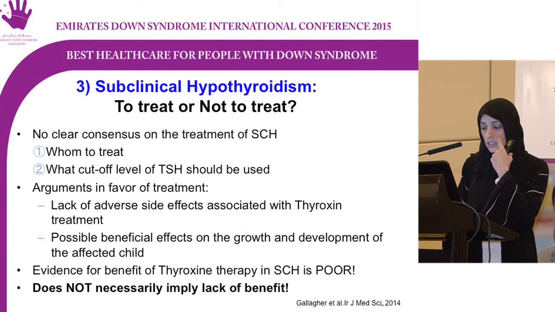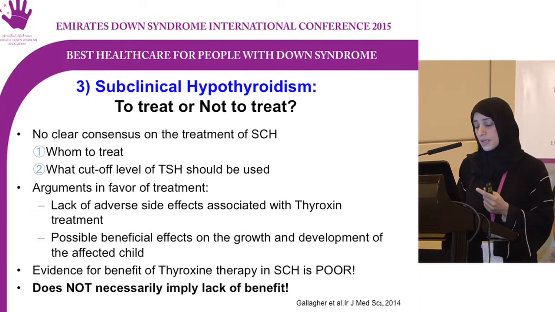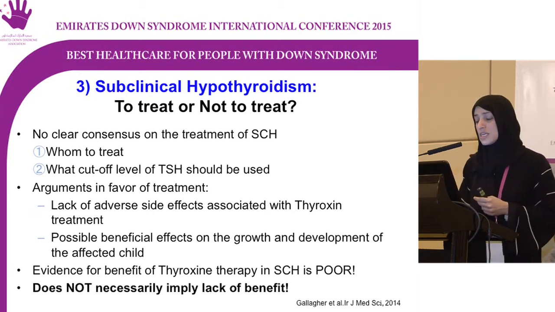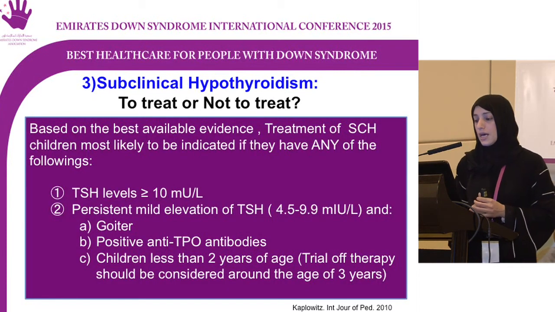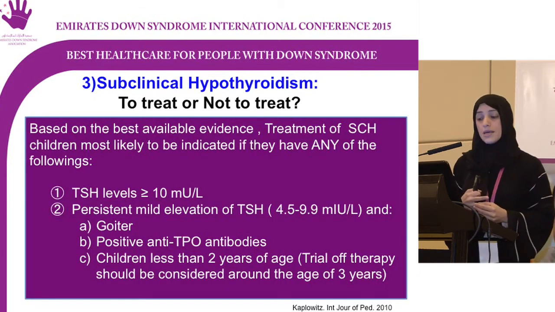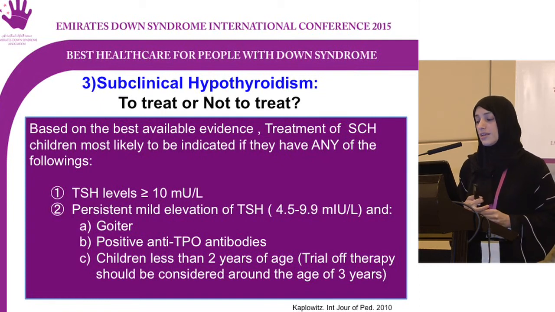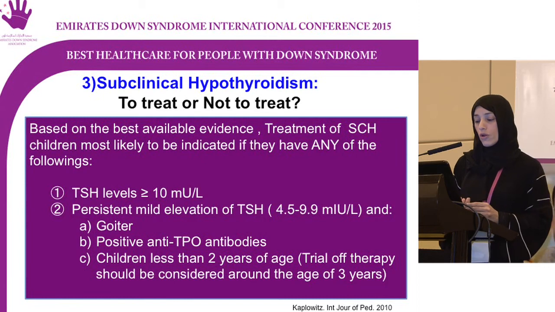The evidence for treatment in subclinical hypothyroidism is poor, but the lack of evidence does not necessarily imply a lack of benefit. So we have to discuss each case individually. As a summary, based on the best evidence available, treatment should be indicated in one of the following.